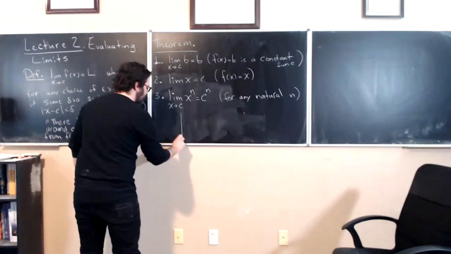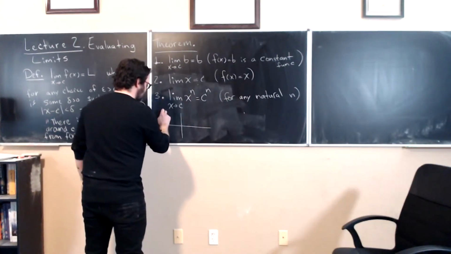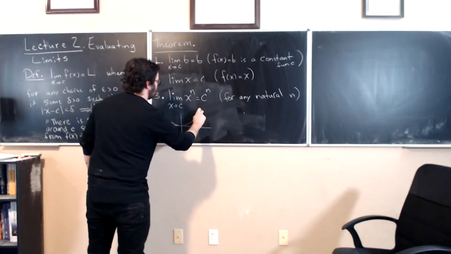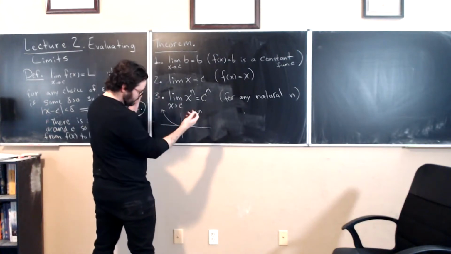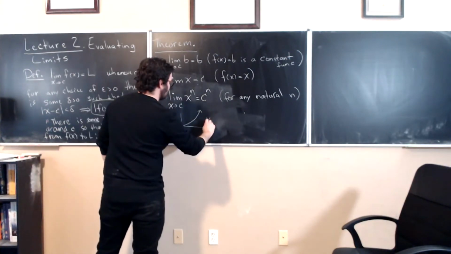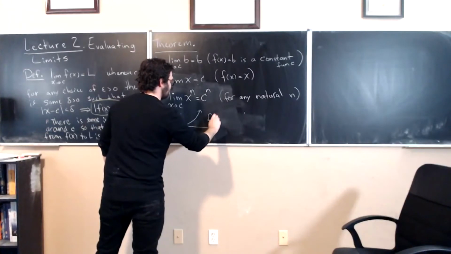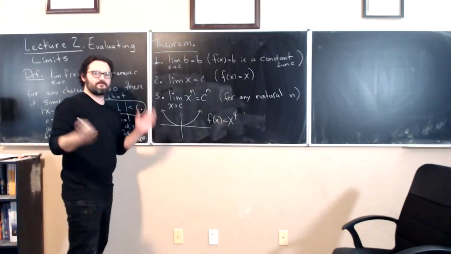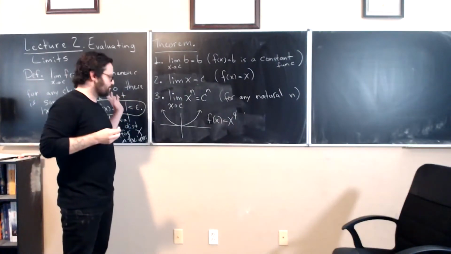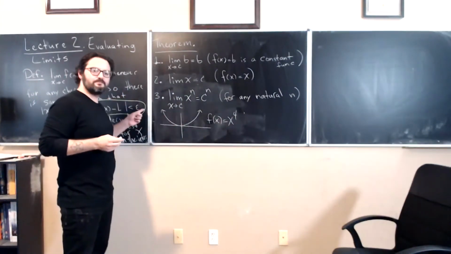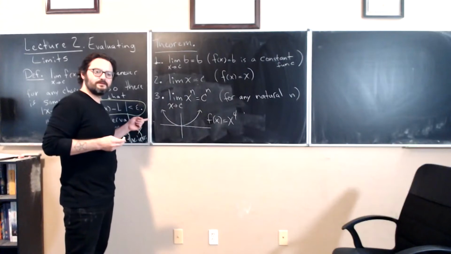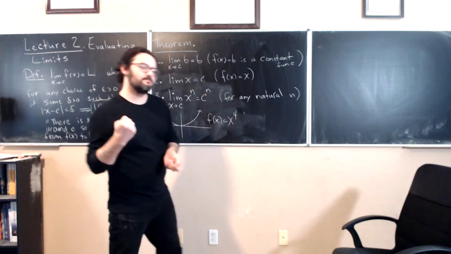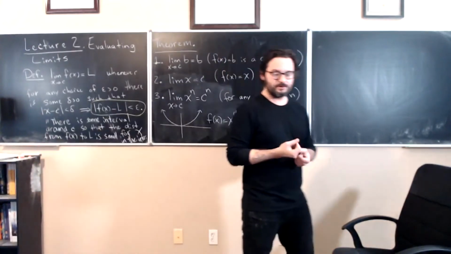So for example, if I look at something like this, it looks like the graph of f of x equals x to the power 4. It's like a fat parabola, right? Now, this is a smooth looking thing, right? It's smooth. There's no discontinuities anywhere.